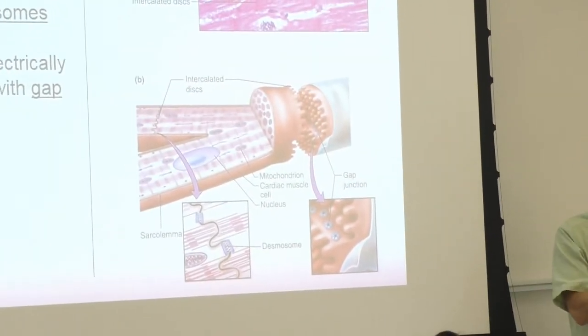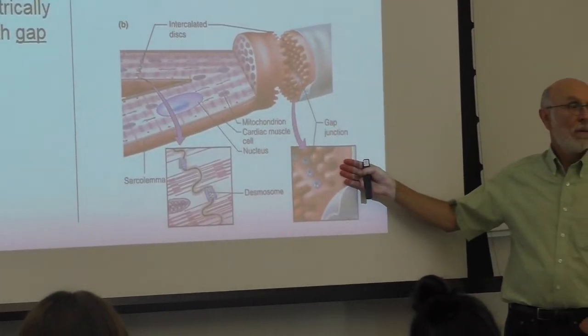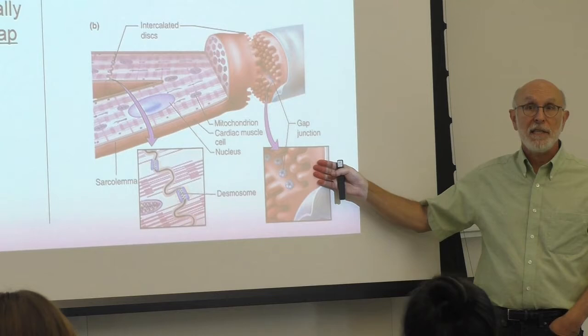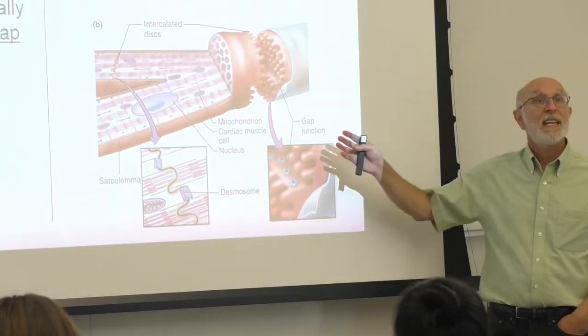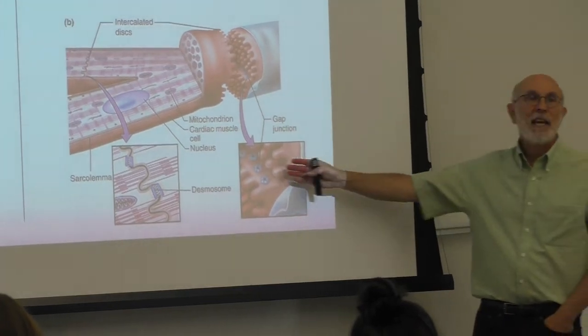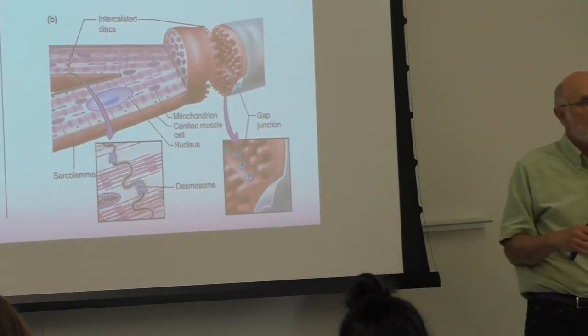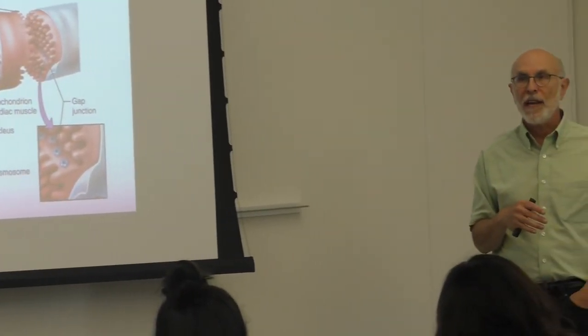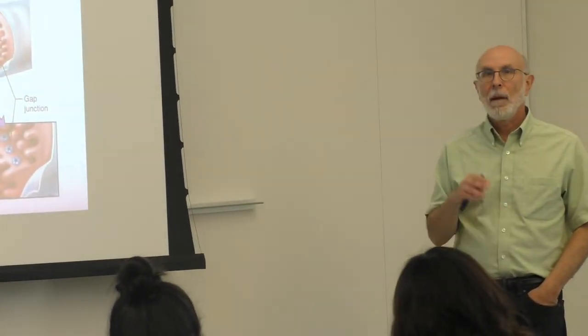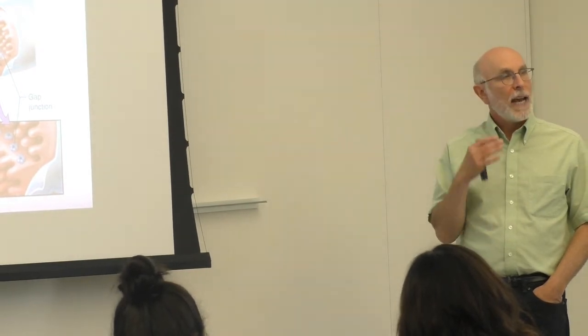The key thing to know is that if one cell depolarizes and fires an action potential, its connected neighbors will also depolarize and fire an action potential because they are connected through these gap junction ion channels. That's the key thing. We need to know that in order to understand the heartbeat. To repeat, cardiac muscle cells are electrically and physically connected to their neighbors.